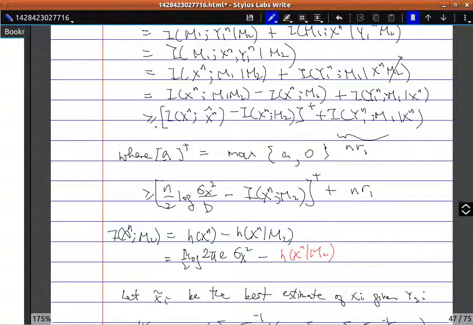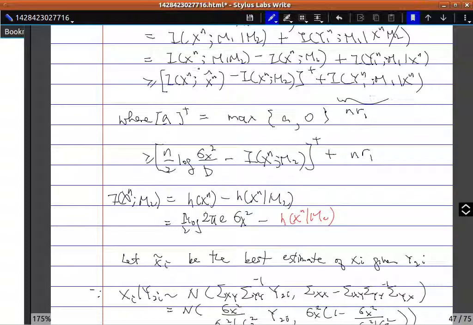Then again, by the data processing inequality, this is bigger than this. But of course, the difference of these two terms has to be bigger than or equal to 0. So we just add this bracket plus side here. Basically, when it's less than 0, we'll force it to be 0. And recall that this one is just nR1 as we defined earlier.